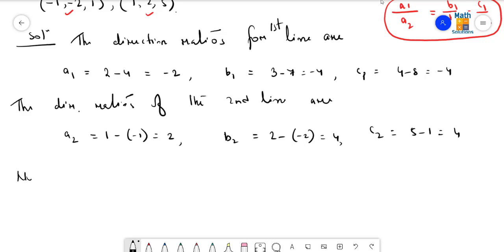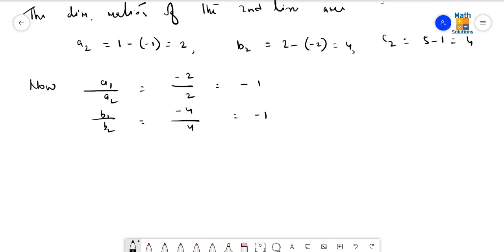Now A1 by A2 is equal to -2 by 2, the result will be -1. Then B1 by B2 is -4 by 4, this is again -1. Then C1 by C2 is -4 by 4, we are getting the result as -1 again.